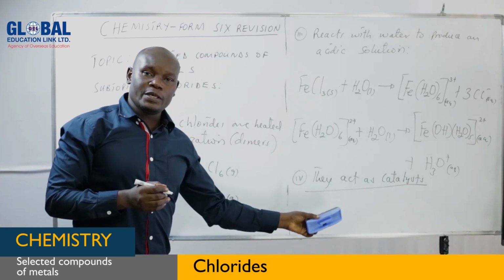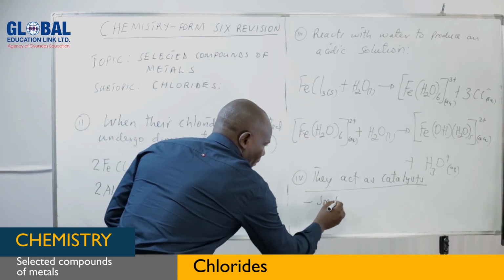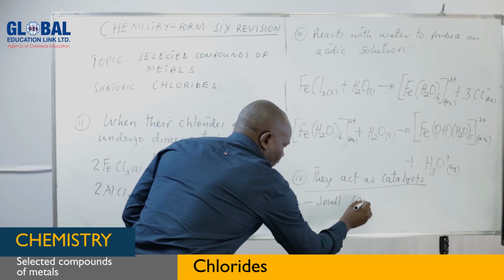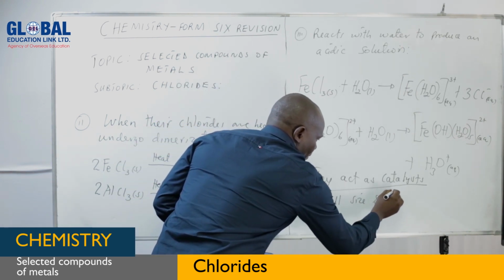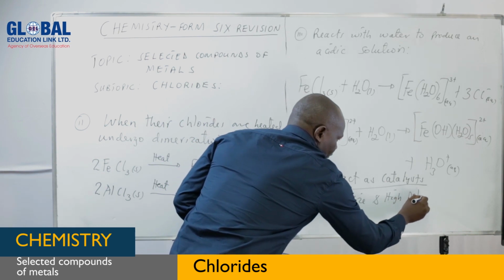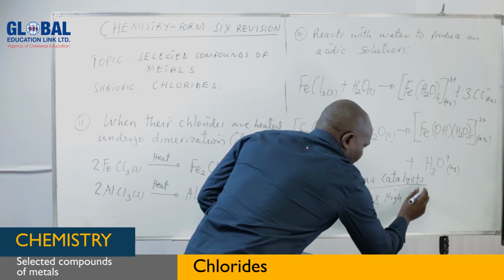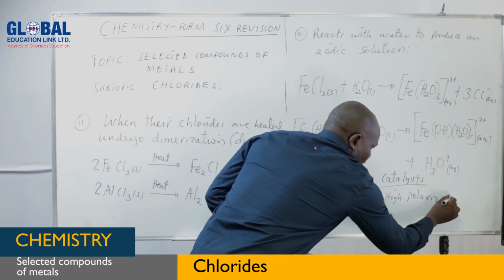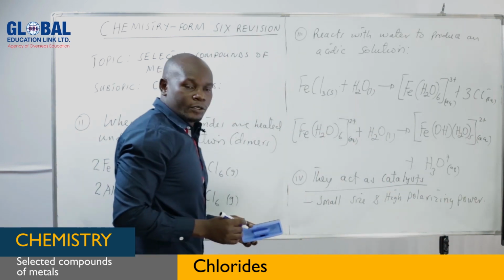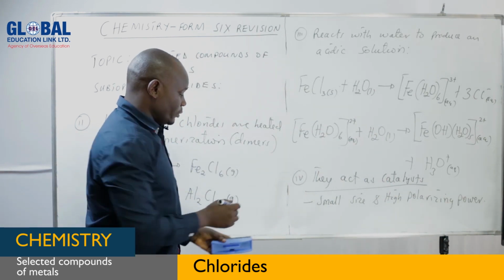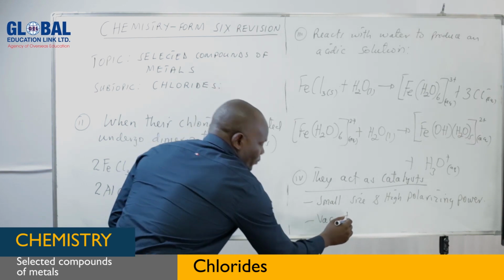And what makes them able to act as catalysts? This is due to their smaller size and high polarizing power. And not only that feature, but also the presence of vacant orbitals.